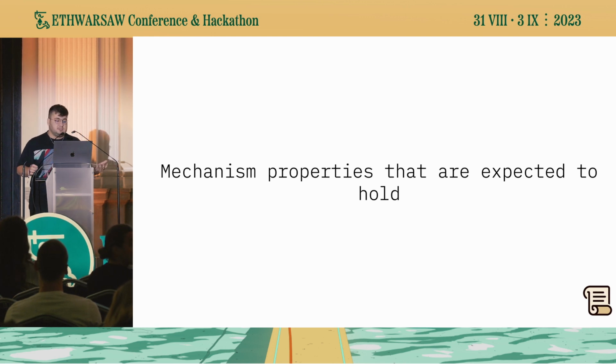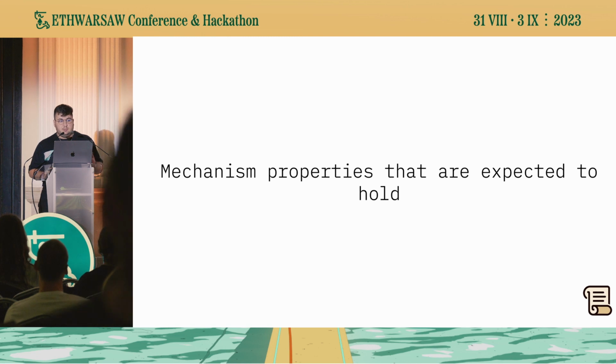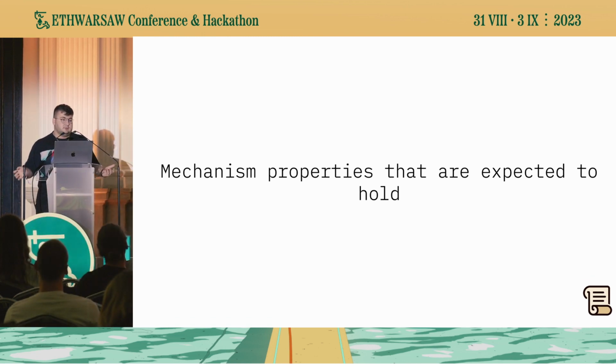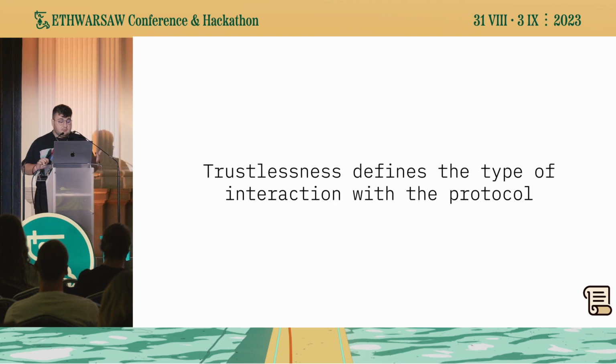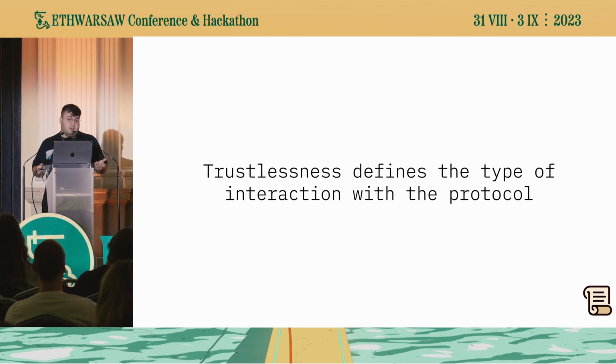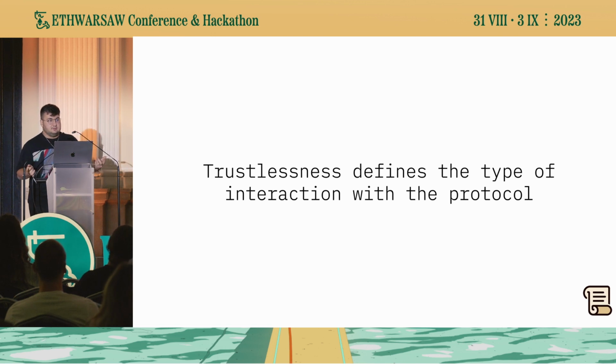For example, when you use Ethereum, you have to assume that the hash function is secure and the signature scheme that you use is secure, et cetera. And there's no avoiding it. And so trustlessness, in essence, defines the type of interaction that you have with the protocol. Trustless interaction with the protocol is an interaction through the full node.